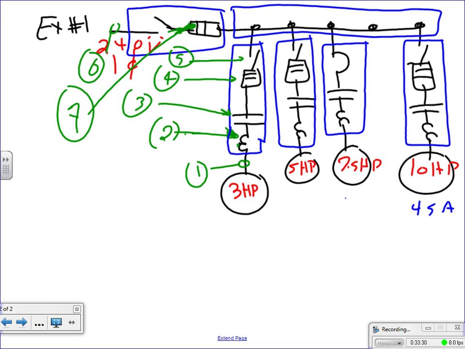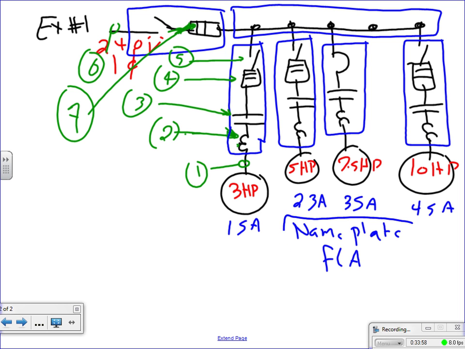I have 35 amps here. I have 23 amps here, and I have 15 amps for this baby. Everything that you see here in blue is nameplate full load amps for each one of these motors. We need them.